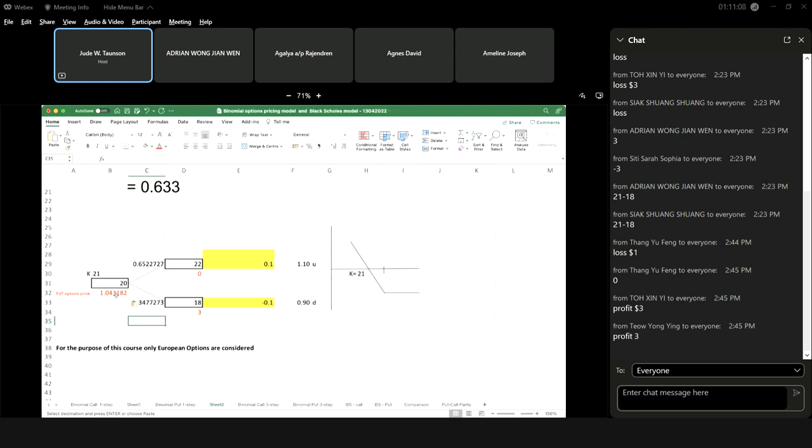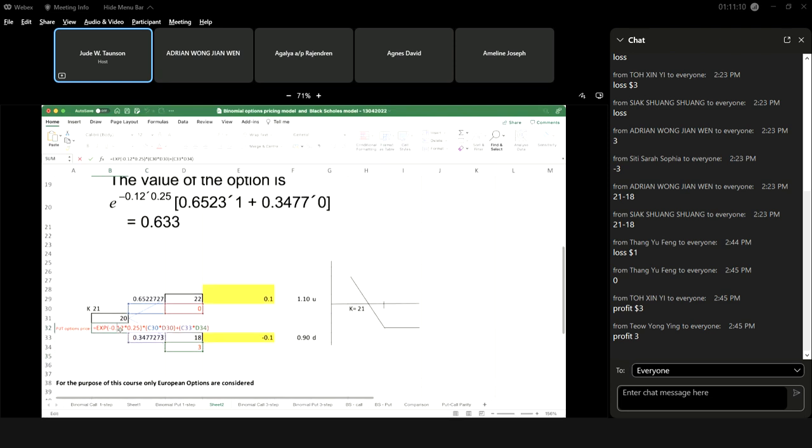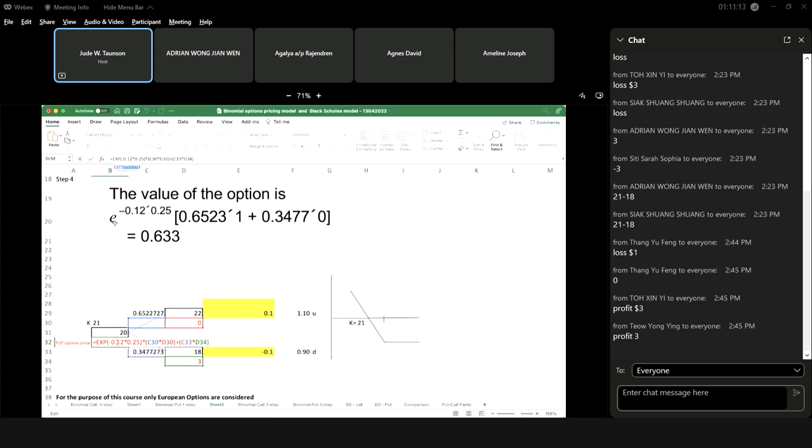What is the formula? Look at this formula. The same one. Exponential, negative because we want to have the present value, 12% times 0.25, which is 3 months, 3 divided by 12.